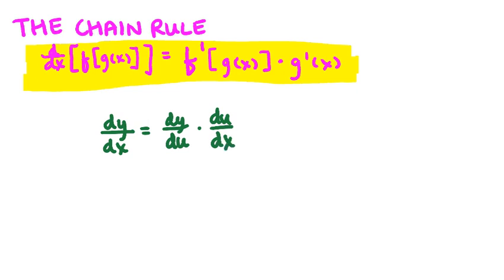You might like that because you think, oh, maybe I could cancel off the du's, if such a thing is permissible, which it's not, but that's just my own personal gripe. But right, where u is the inside function, we take the derivative of y with respect to u, leaving u the same, but then we multiply by the derivative of u with respect to x.